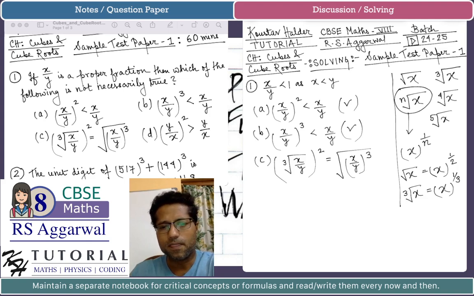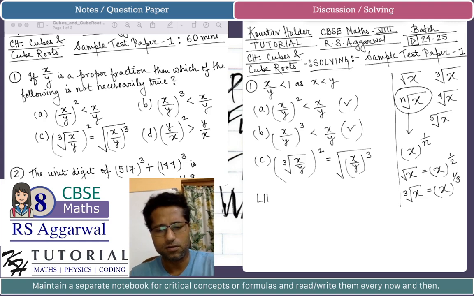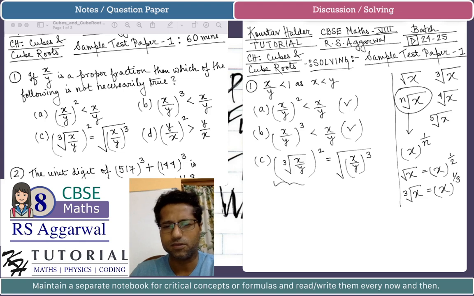First of all, this is a cube root of x by y, which we can write as x by y raised to the power 1 by 3, and we are having the square of the cube root, so we have this.